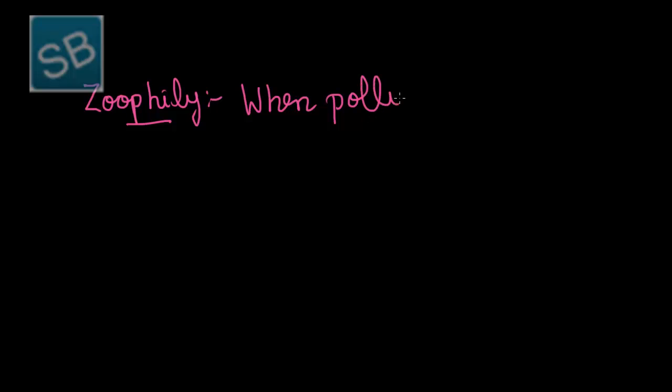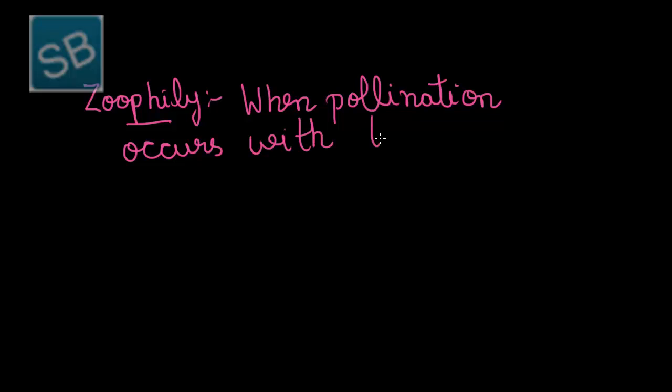Now let us start with the third type of pollinating agent, that is animal. When the pollination of flowers is done with the help of animals, the process is known as zoophily. Now these animals can be birds, bats, and many others.